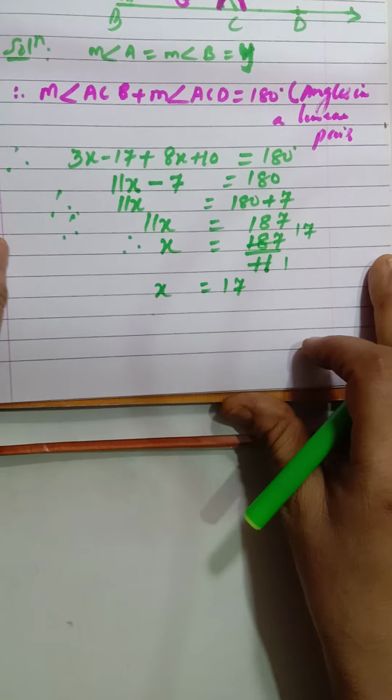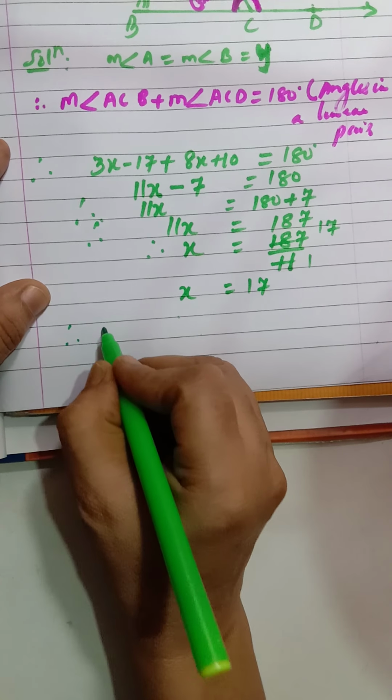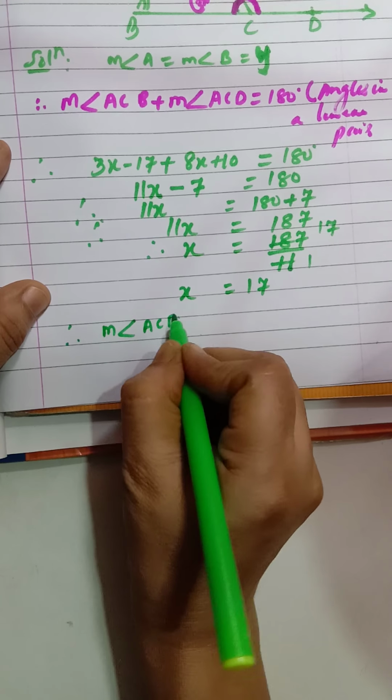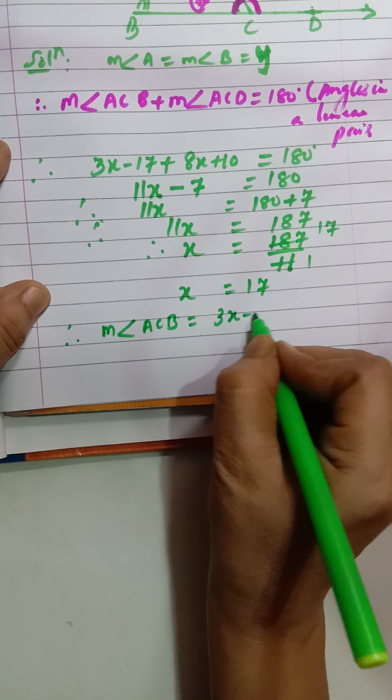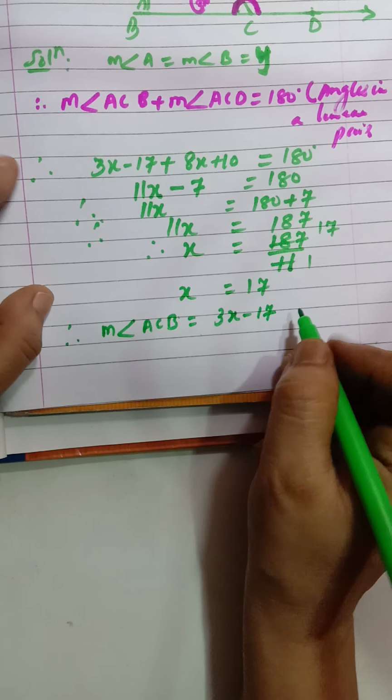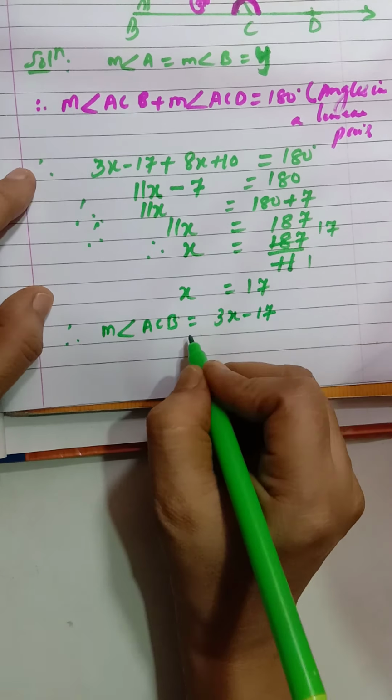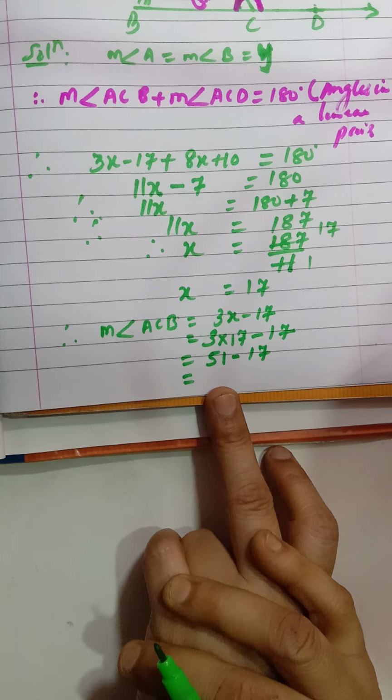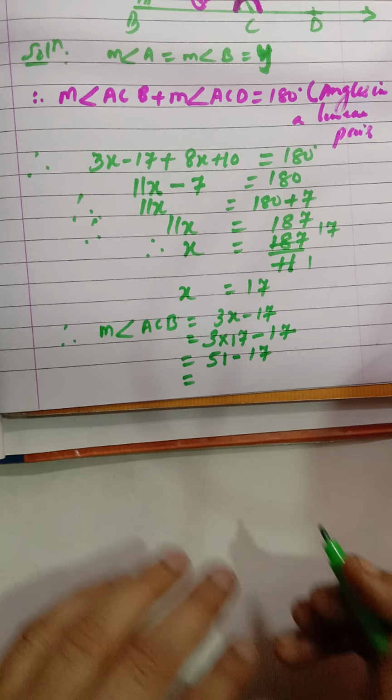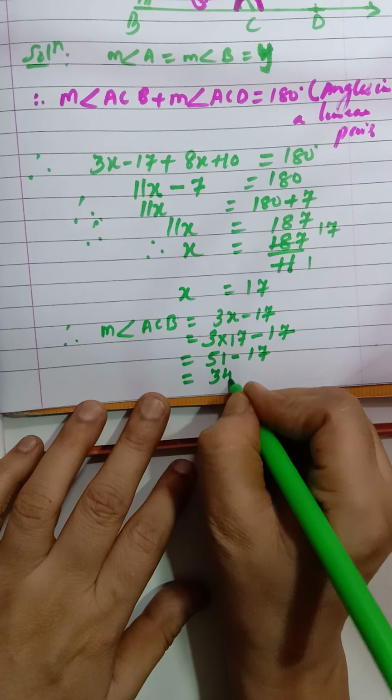We write here, therefore, measure of angle ACB is 3x minus 17 degrees. So this is equal to 3 into x, which is 17, minus 17. 3 17s are 51, minus 17, and that is nothing but 34.